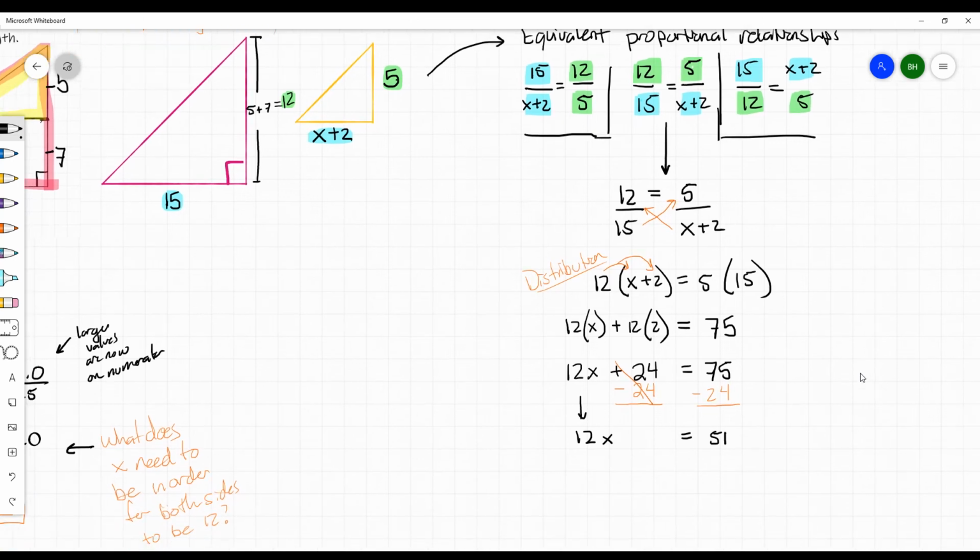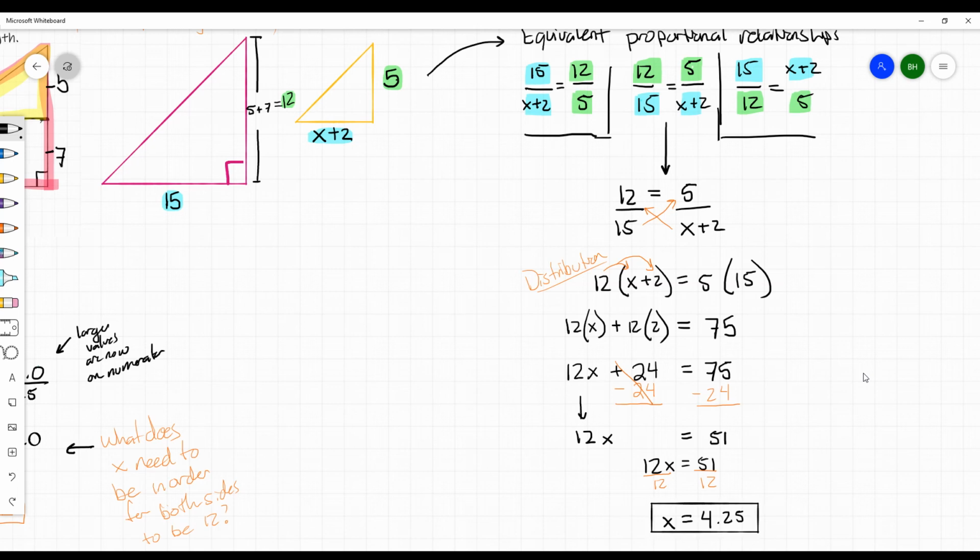And then I can simplify this problem. I get 12x equals 51. And then I can divide by 12, like we did in a previous problem, and I end up with x equals 51 divided by 12, which is a value of 4.25.